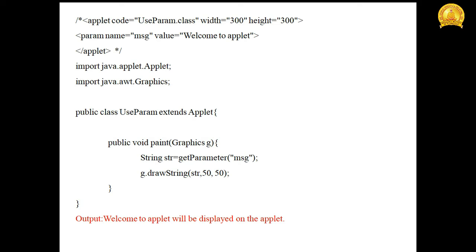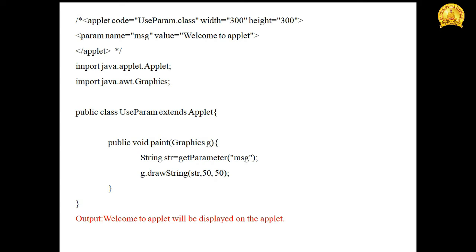Now I've defined the param tag. In the param tag, I will define two attributes. Name is equal to MSG. It's just a variable for that parameter. Value is equal to welcome to applet. This means that whenever you try to access MSG, the value will be welcome to applet. So you define the param tag and then you close the applet tag.